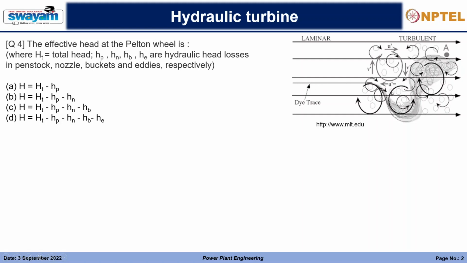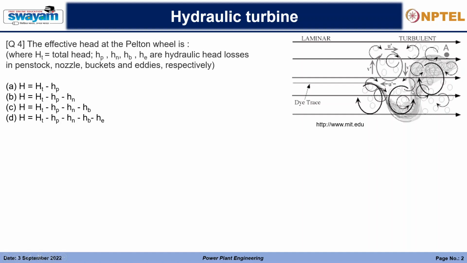But in a turbulent flow, the direction of these water molecules does not remain constant. So that is not streamlined, and it is accompanied by these currents that you can see. These currents are basically called eddies, and since we do not have laminar streamline flow, they contribute to the losses in the flow.